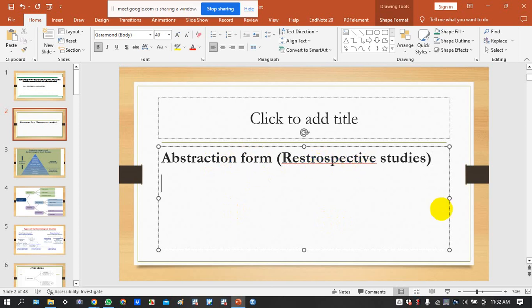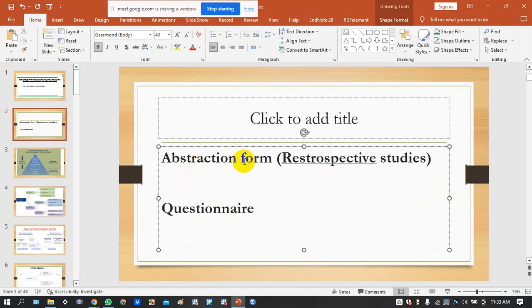But if the study is not retrospective, and you are going to come into contact with the patient himself or herself, then it becomes a questionnaire. So we use a questionnaire if you have access to the patient, but if you don't have access to the patient, we use an abstraction form.